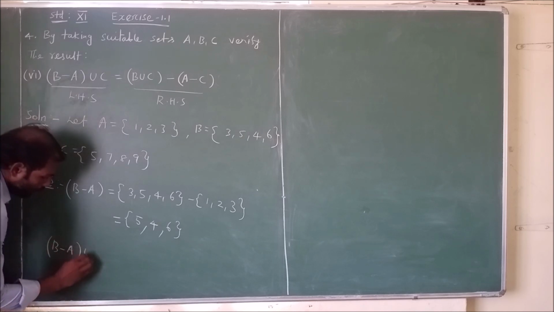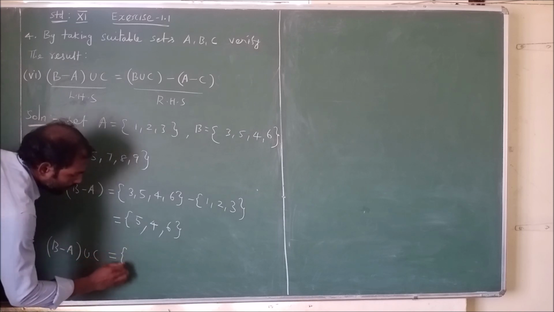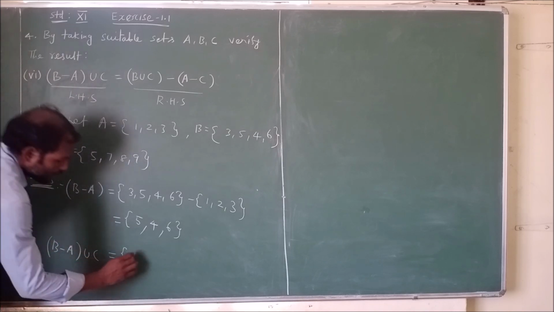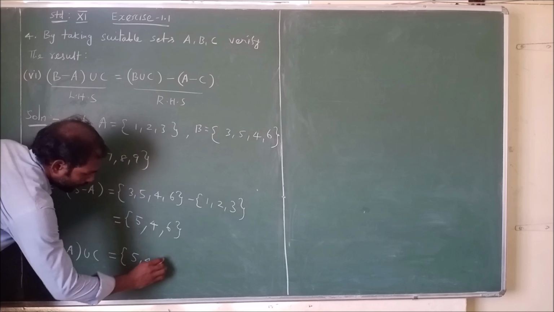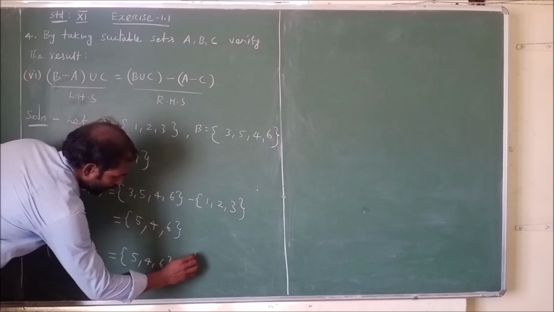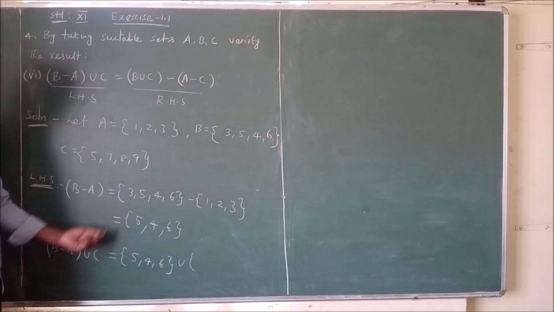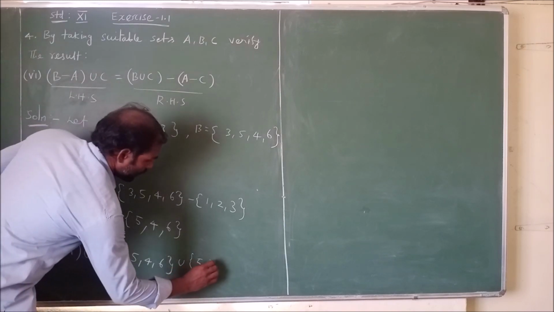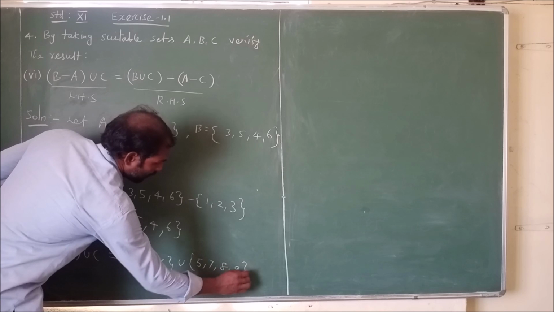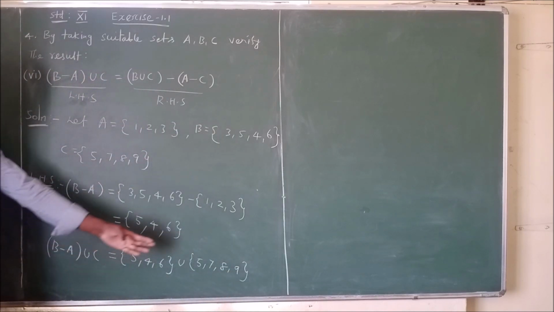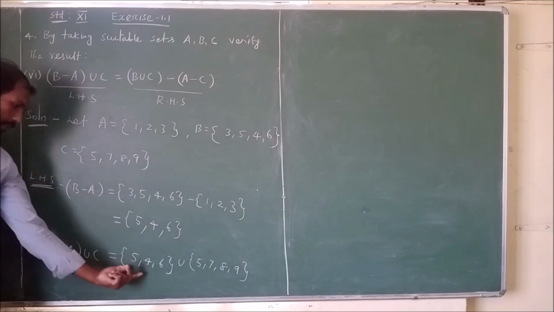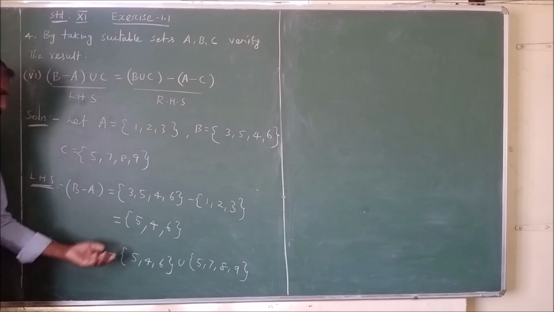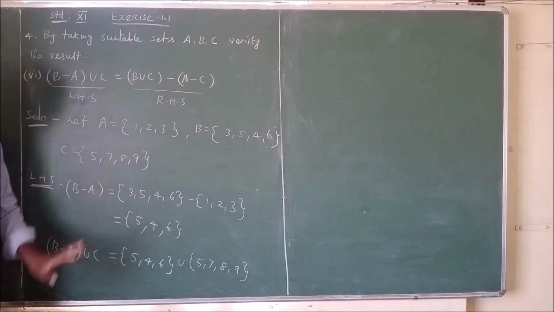Now B minus A union C: the set of B minus A is {5, 4, 6}, union C, and C is {5, 7, 8, 9}.